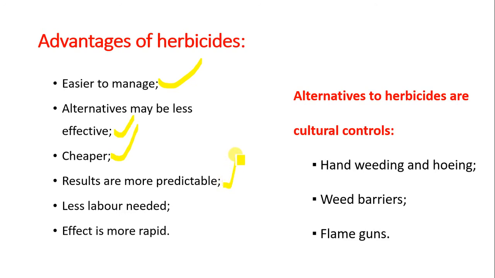Less labor is needed. The effect is more rapid. The alternatives to herbicides are cultural controls, hand weeding and hoeing, weed barriers, and flame guns. These are alternatives you can use instead of herbicide, but they are quite more expensive than herbicides, which are cheaper.